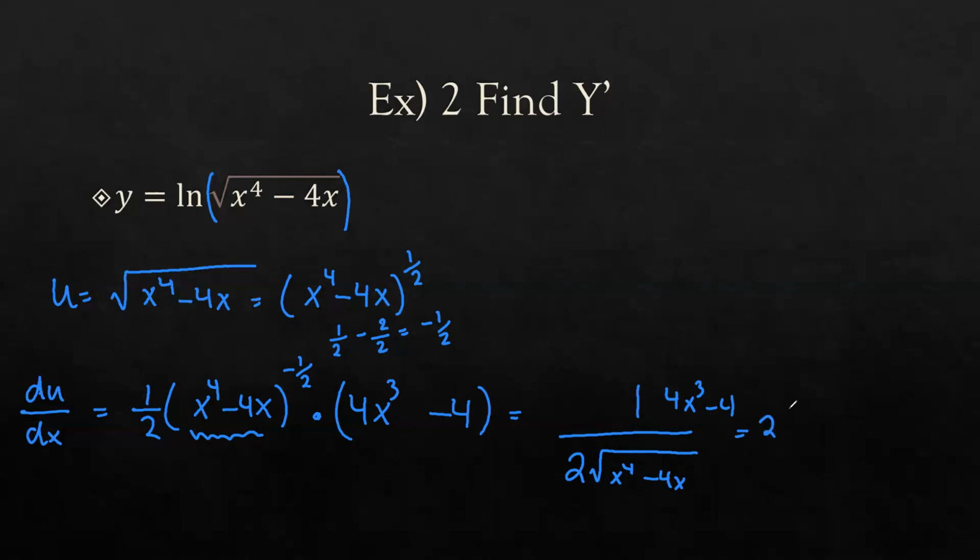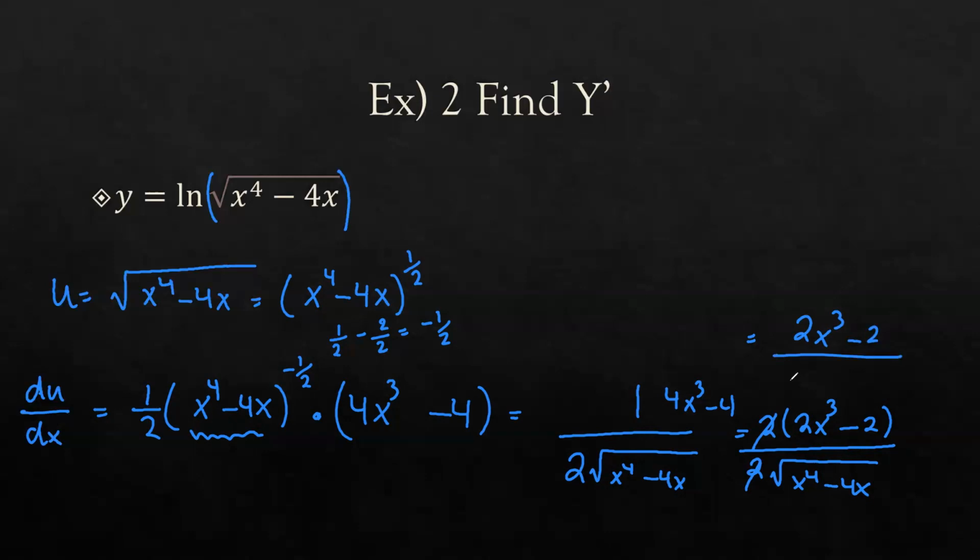So that's 2 times 2x cubed minus 2, and on the bottom it's 2 square root of x to the 4th minus 4x. Get rid of the 2's. So you get 2x cubed minus 2 over the square root of x to the 4th minus 4x. Okay, so that is du dx.